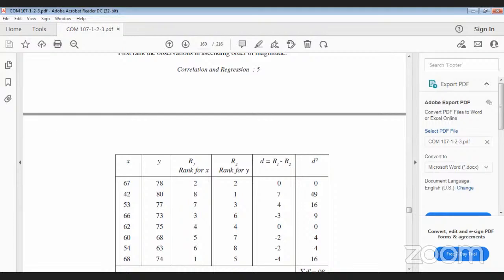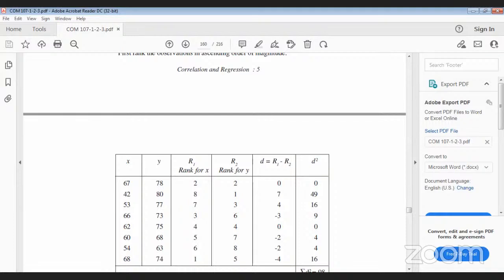Now we have to find the difference from R1 to R2 here. D is equal to R1 minus R2. That means here 2 minus 2, it will be 0. 8 minus 1, it is 7. 7 minus 3, it is 4. 3 minus 6, it is minus 3. 4 minus 4, 0.